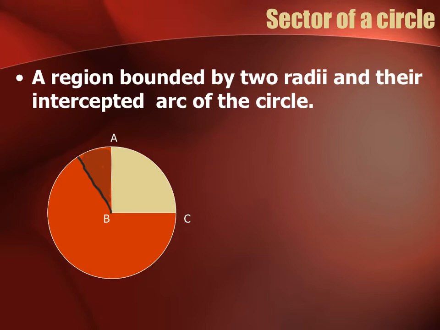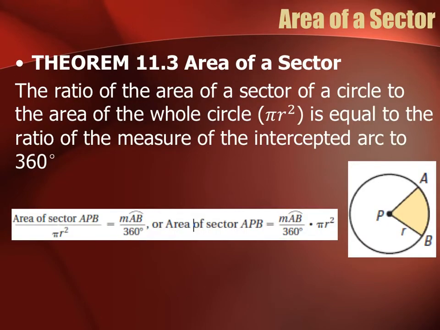All right, next is going to be the formula to find the area of that sector. So this is the ratio of the area of the sector of the circle to the area of the whole circle, pi r squared, which is equal to the ratio of the measure of the intercepted arc to 360. So just like yesterday, not all of our circles are going to have the letters A, B in them.